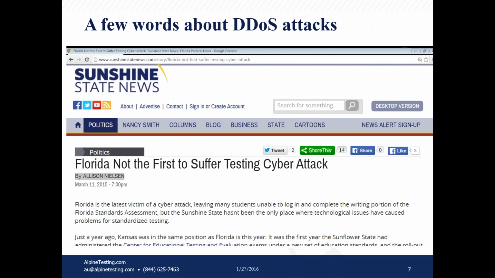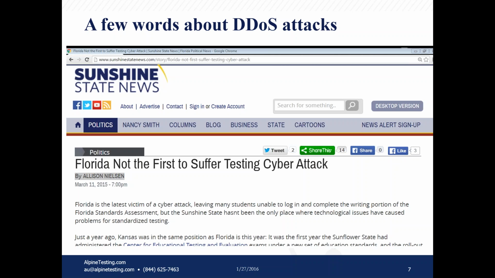In addition to those areas, I wanted to mention just briefly something that we had a fair amount of exposure to over the past year, which are DDoS attacks, or distributed denial of service attacks. I am not going to present myself here as an expert on this area, but I think it's so important and so potentially disruptive, I wanted to make sure I mentioned it.